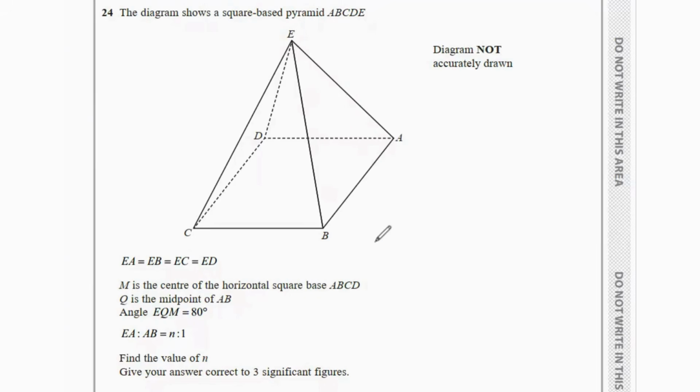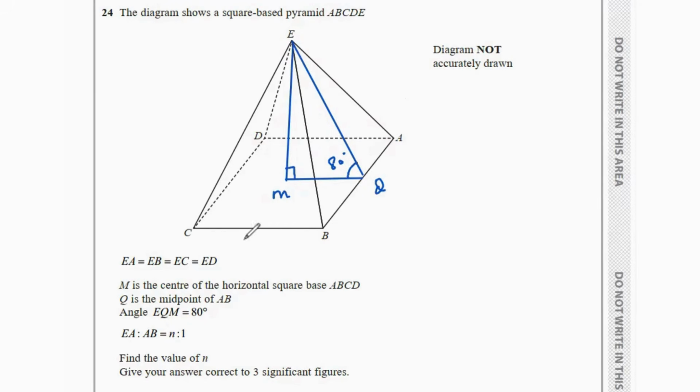So for this, as you know, we have the angle EQM. If I draw a line over here, a line over here, this is your M, this is your Q. This is 90 degrees over here, and that's 80 degrees over here. I will begin by assuming that we know this is a square base.